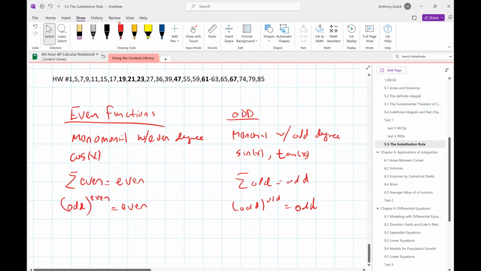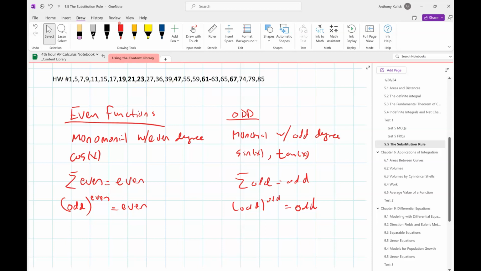I don't know, just trying to write down some of this odd even stuff so it's in one place for you. That's all I can come up with off the top of my head. I can't remember the inverses. I think the inverse sine and cosine and tangent match.